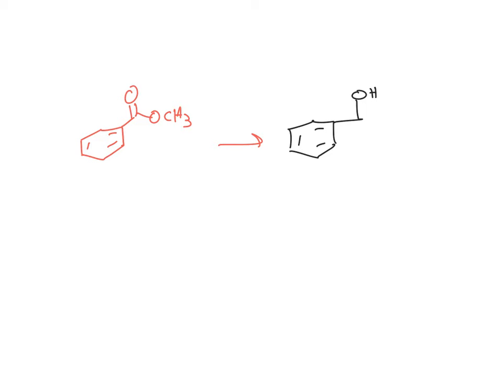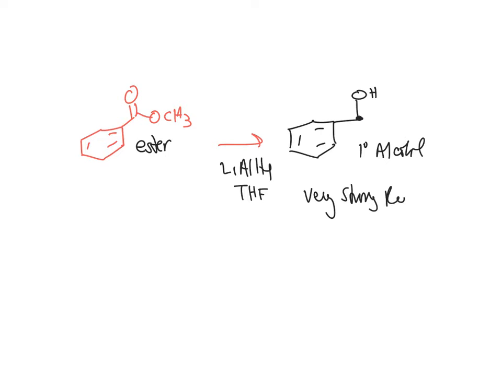Okay, so this is a reduction. This is an ester, and this is a primary alcohol. And esters get reduced with lithium aluminum hydride in THF. It's a very strong reducing reagent. And so there is the carbon that becomes the primary alcohol.